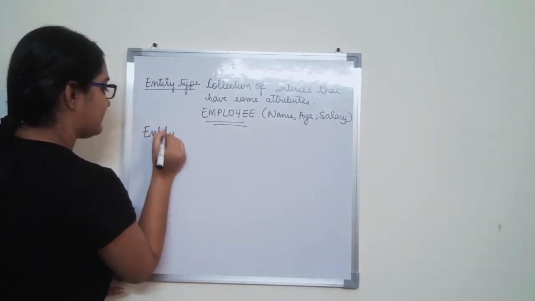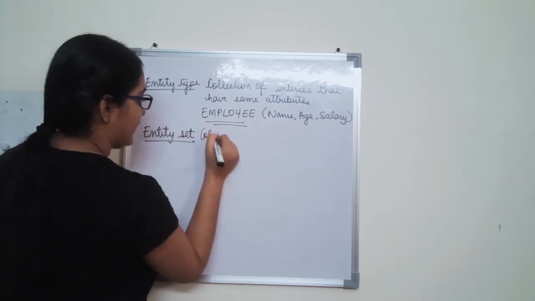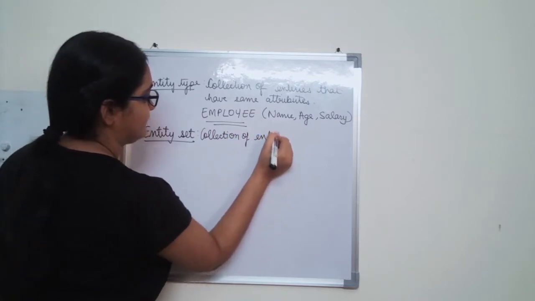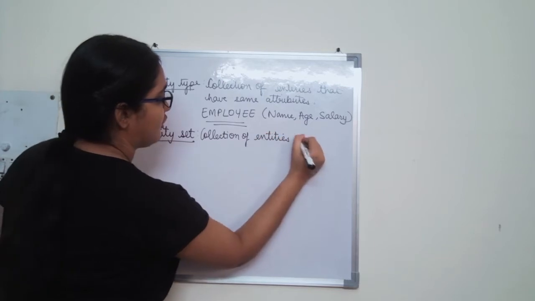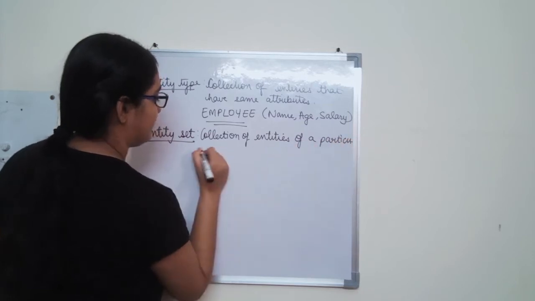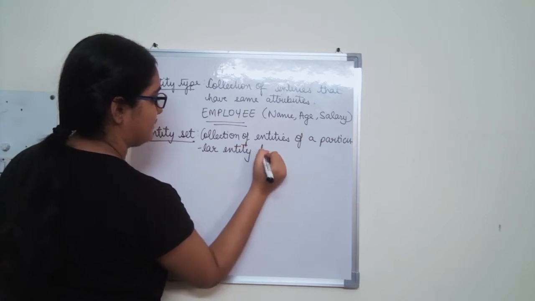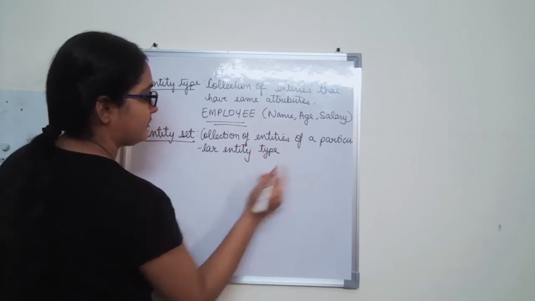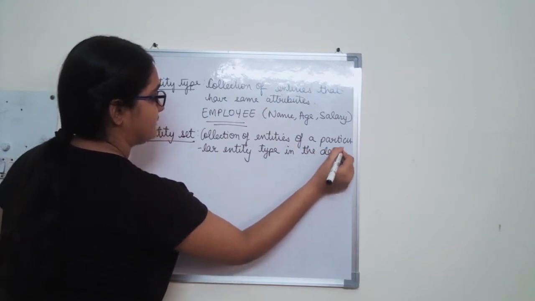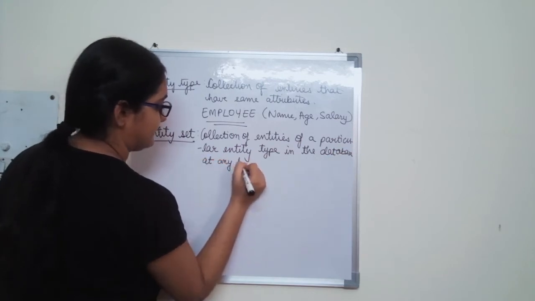Entity set is a collection of entities of a particular entity type in the database at any time.